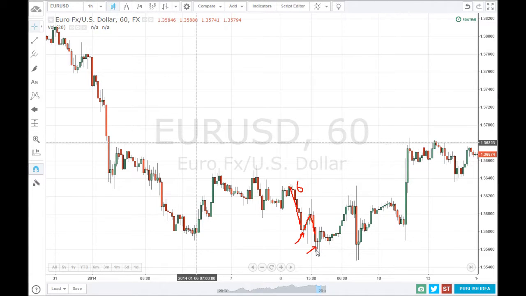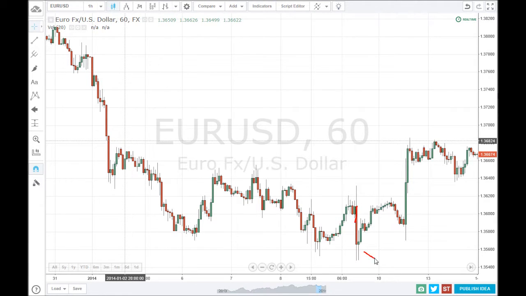We have a dragonfly doji appear, and then price goes on the upside. We have another doji here, and price soon falls on the downside.